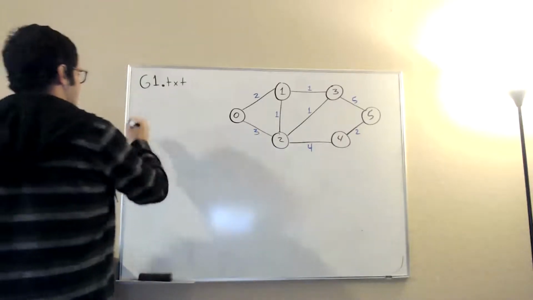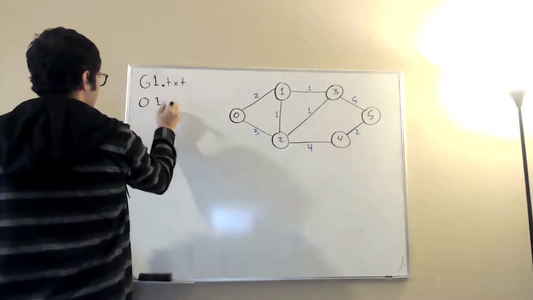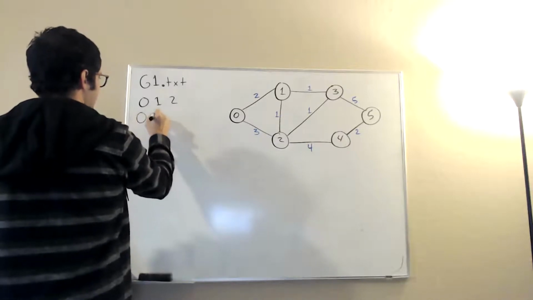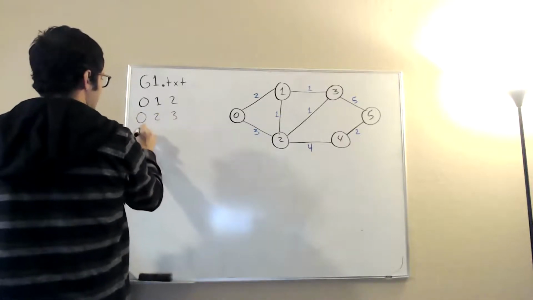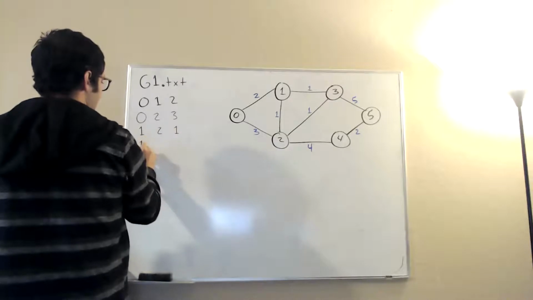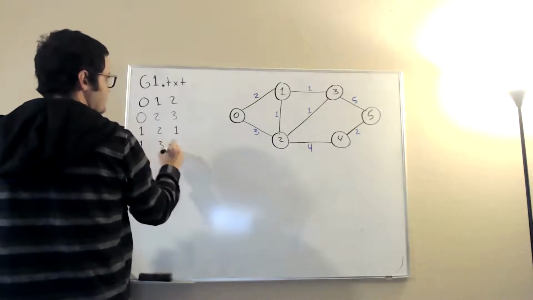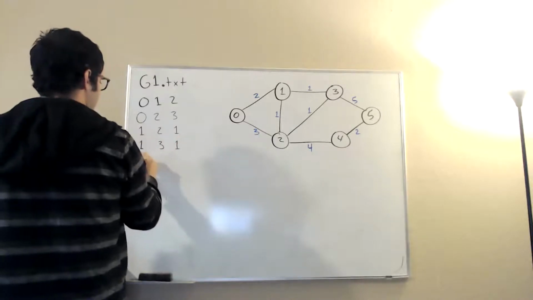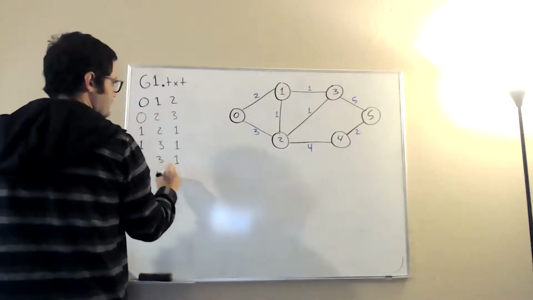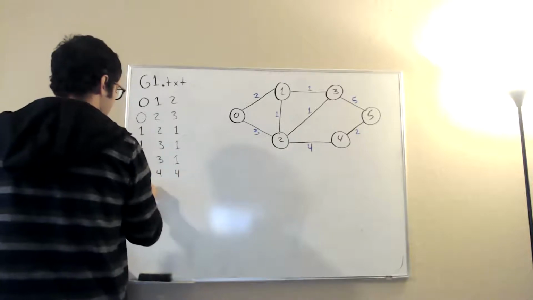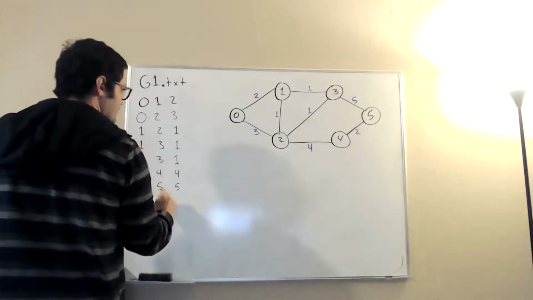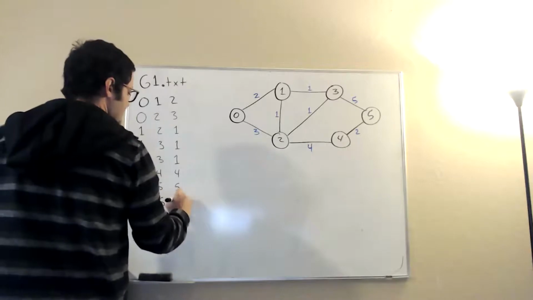And the weighted edge list is going to be as follows: 0, 1, and there's white space here, by the way. 0, 2, 3, 1, 2, 1, 1, 3, 1, 2, 3, 1, 2 to 4 with weight 4, 3 to 5 with weight 5, and 4 to 5 is weight 2.